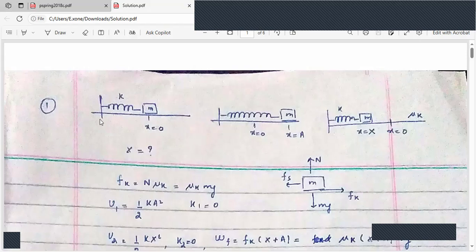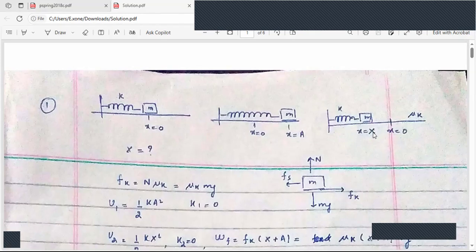Initially the block is at the equilibrium position, and we apply some force to displace it from the equilibrium position to the position x equal to a, to the right of the equilibrium position. Our goal is to find that quantity X, capital X, to the left of the equilibrium position.